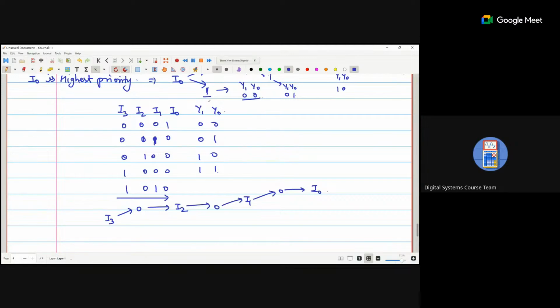But if I3 is 1, no need to check I2, I1, I0. Why? Because the higher priority bit is 1, so it will set Y1 Y0 as 1, 1. If I3 is 0, then check I2. If I2 is 0, then check I1. But if I2 is 1, it will set Y1, Y0 as 1, 0.